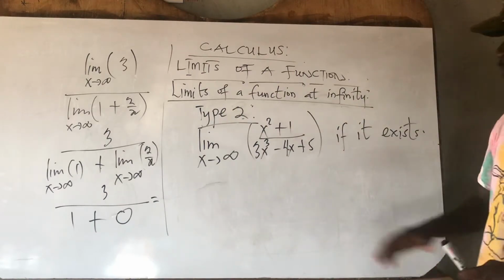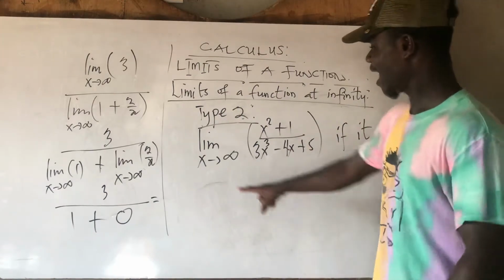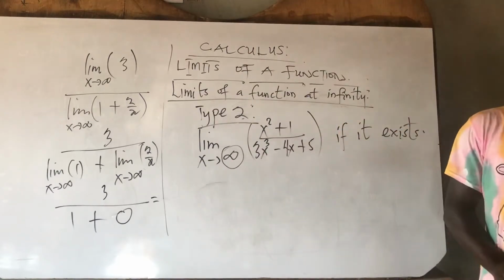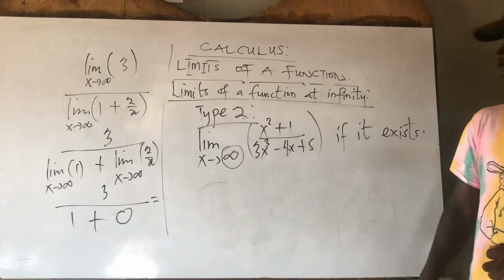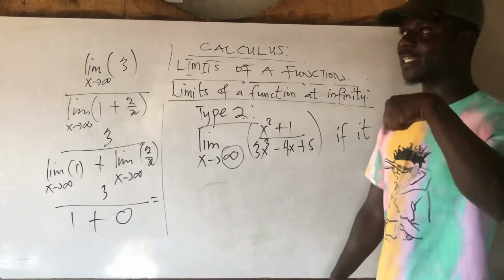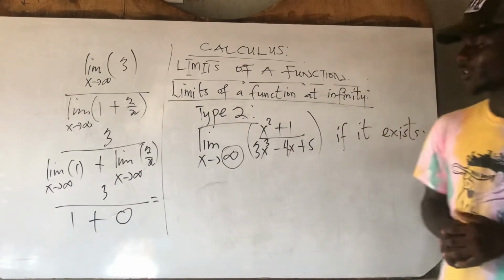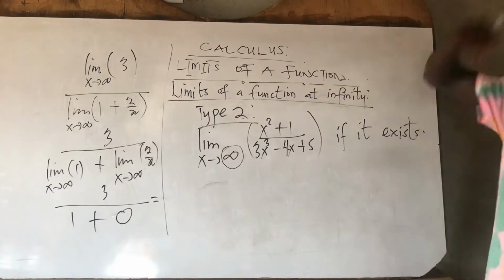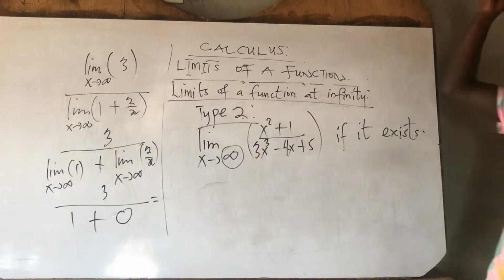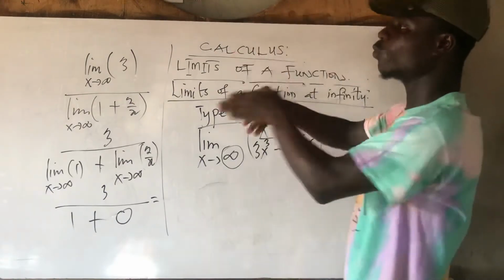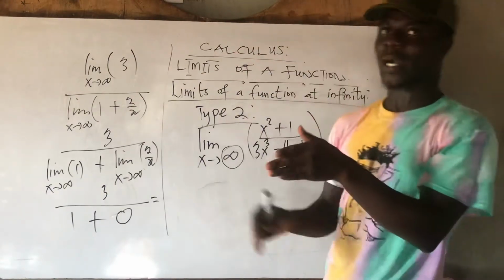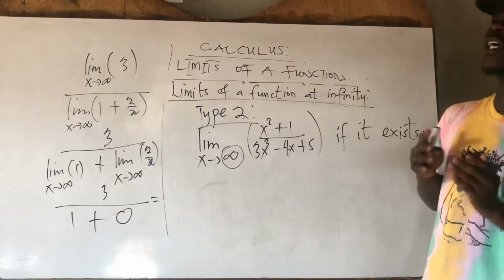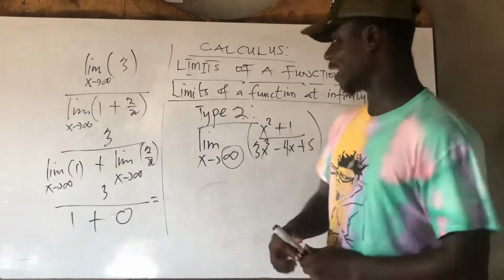When you get a question of this nature, as x is approaching a large number, what will be the limiting value of this function? You divide each term in the numerator by the highest power, and each term in the denominator by the highest power.